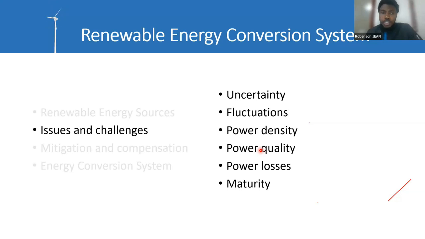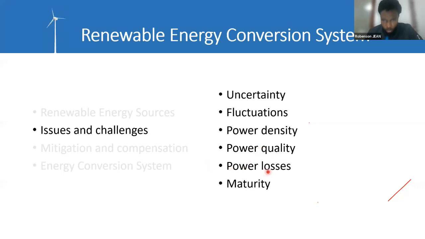For instance, if the nominal power of my solar power plant is 15 kilowatt, and my irradiation falls from 1000 watt per square meter to 500 watt per square meter, so I will not have 15 kilowatt. I will have half the nominal power. Therefore, I have to deal with the power quality.